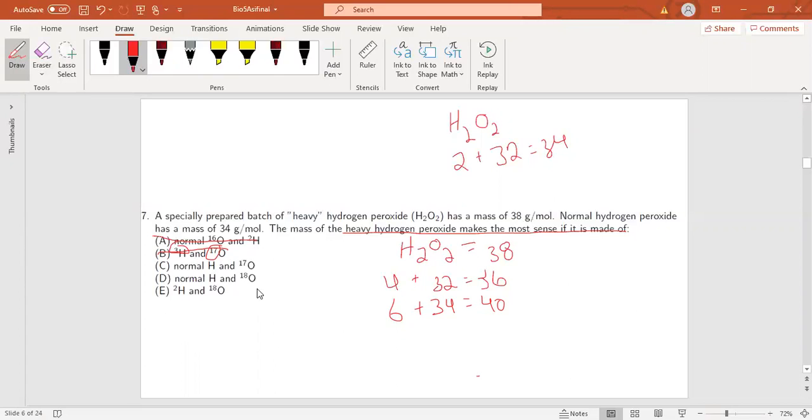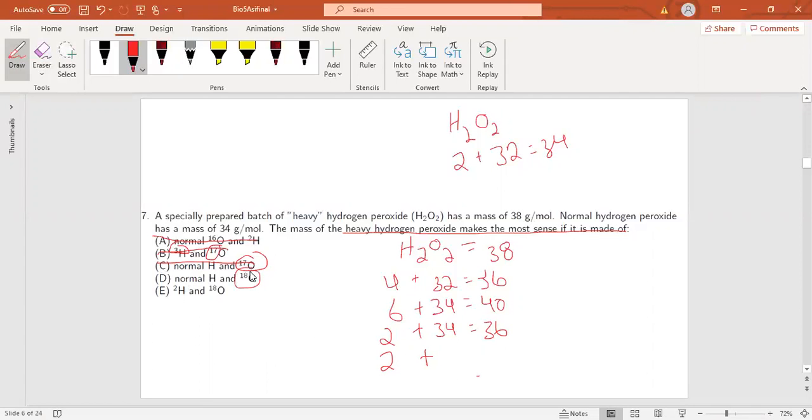C, we have a normal hydrogen. So we'll take that of 1 gram each, times 2 is 2. And we have a heavy oxygen of 17. So 17 times 2 is 34. That comes back to 36, which is still not 38. So that will not count. And finally, we have a hydrogen, normal, so 2, plus a heavy oxygen.